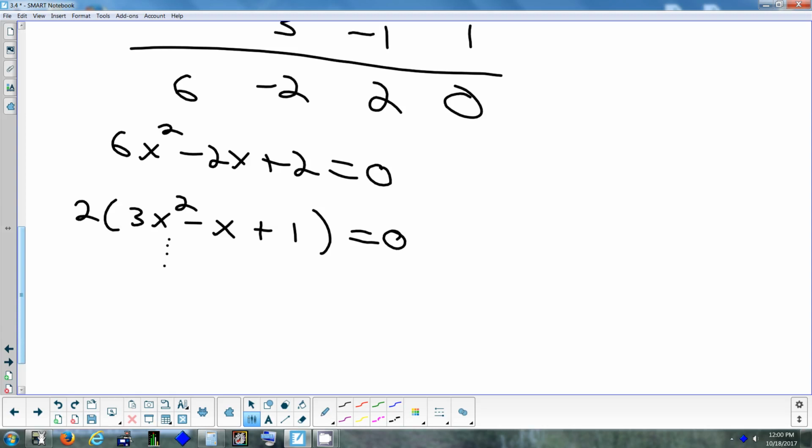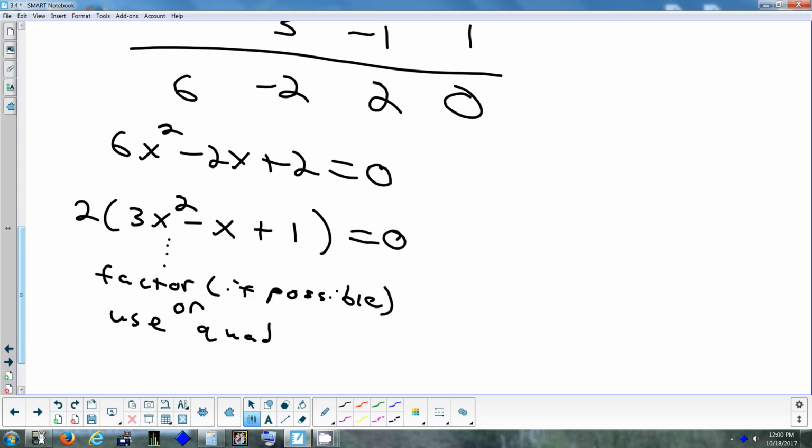If it wasn't factorable. How else can you solve a quadratic besides factoring? Yeah, you could factor, if possible. Leave that to you to figure out if you could do it, or use the quadratic formula.